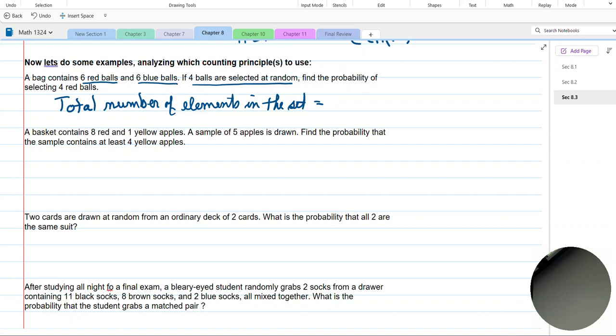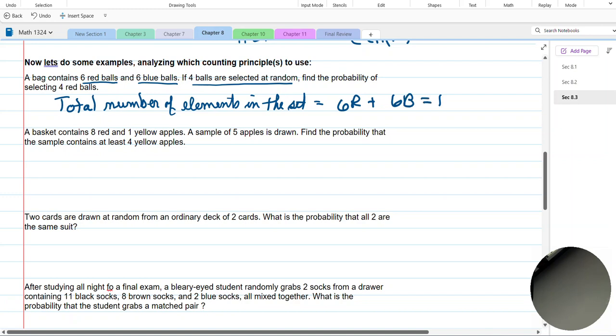And here we're talking 6 red plus 6 blue, 12 total.